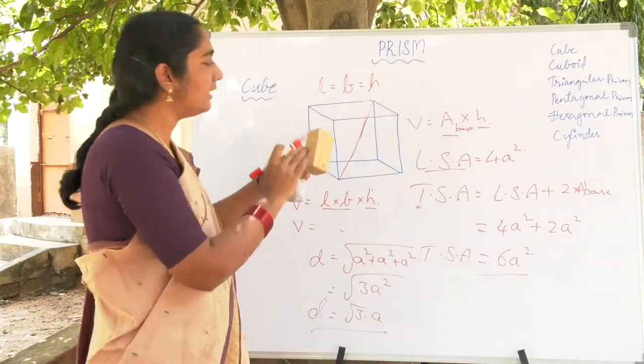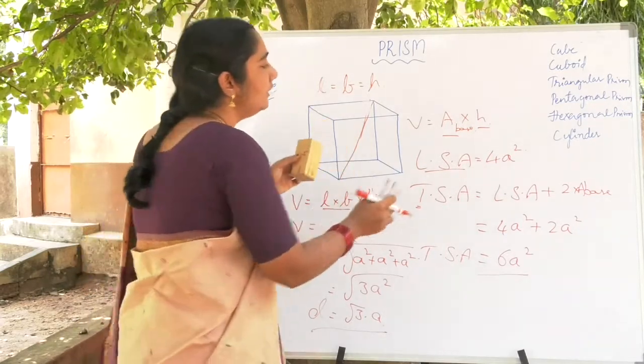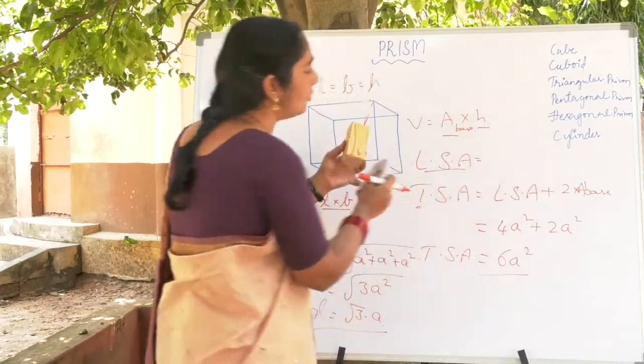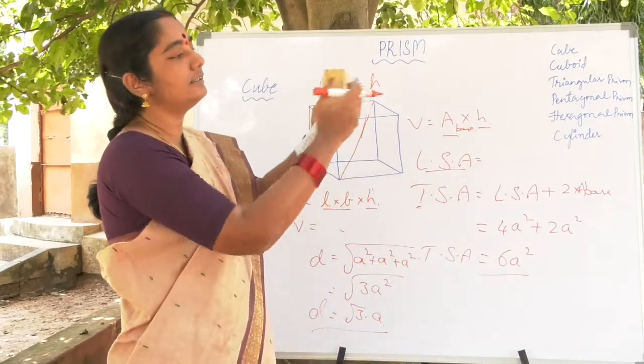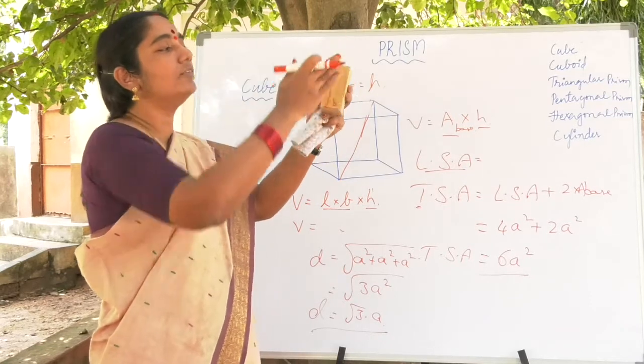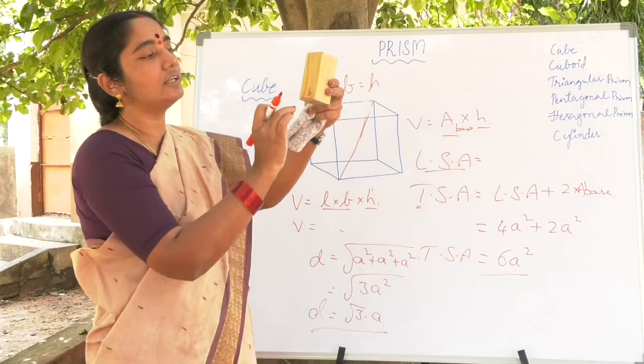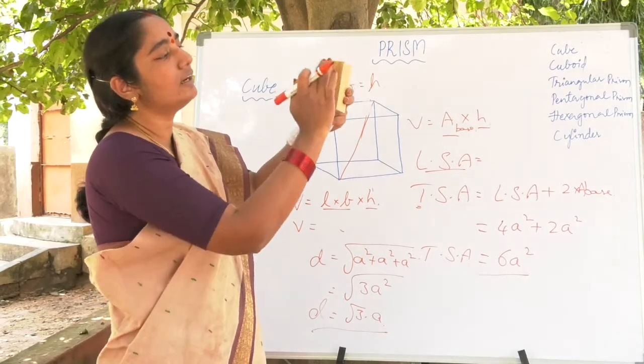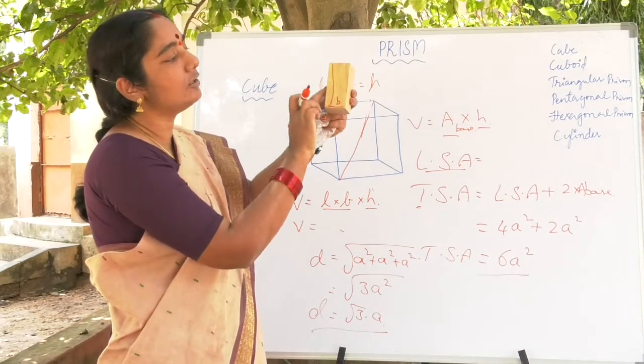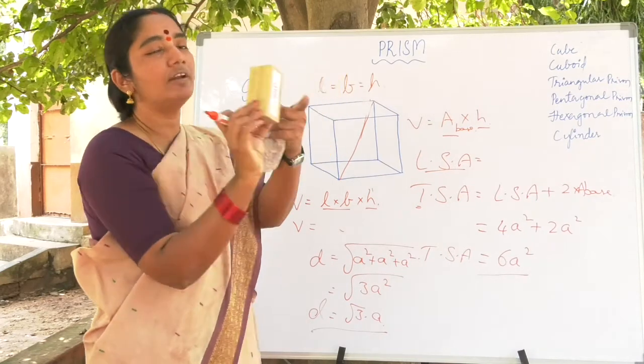Now let us see the lateral surface area. In the case of a lateral surface area, already you know that. My dear friends, the area of this face and this face and this face and this face is called the lateral surface area. Here this is one rectangle whose area is equal to H into B. Such rectangles, 2 are there.